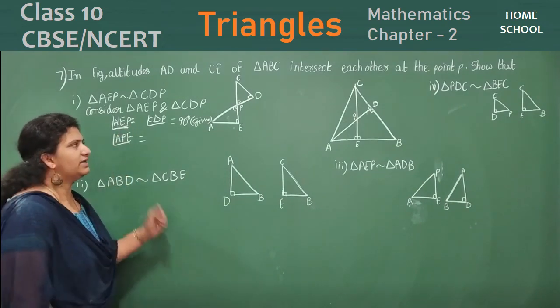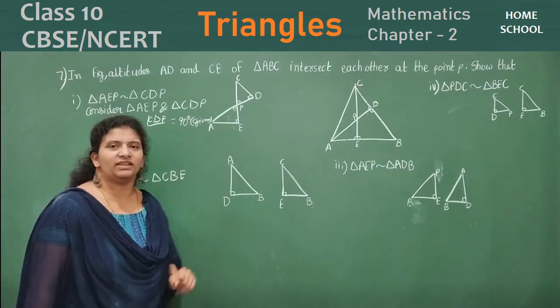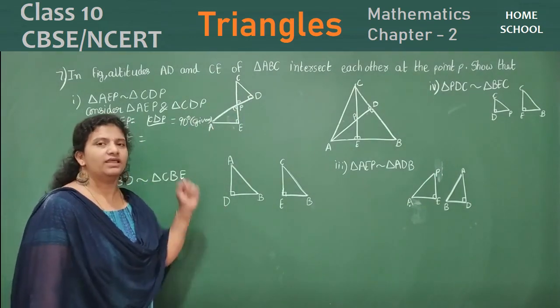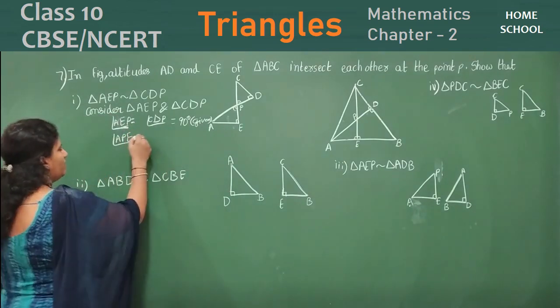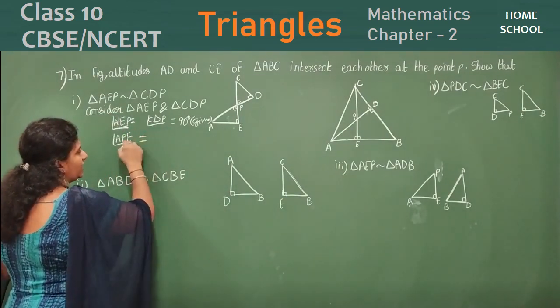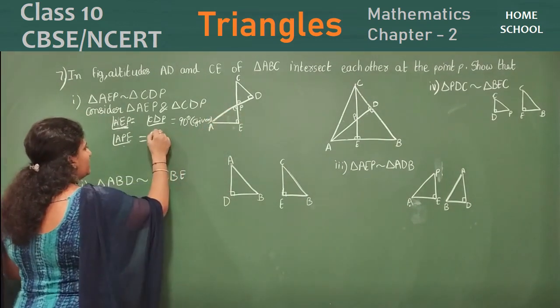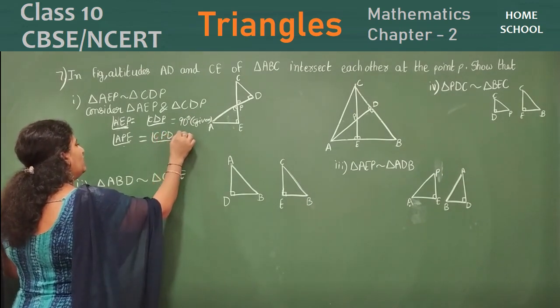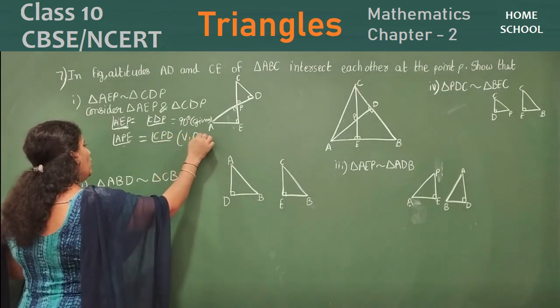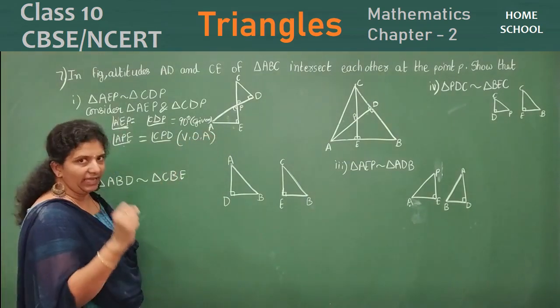While you are practicing, you can directly write, children, angle E is equal to angle D, angle P equal to angle P. Therefore, the two triangles are similar. But while we are writing in our notes, we need to write stepwise neatly. Angle APE is equal to angle CPD. What is the reason? VOA, that is vertically opposite angles.